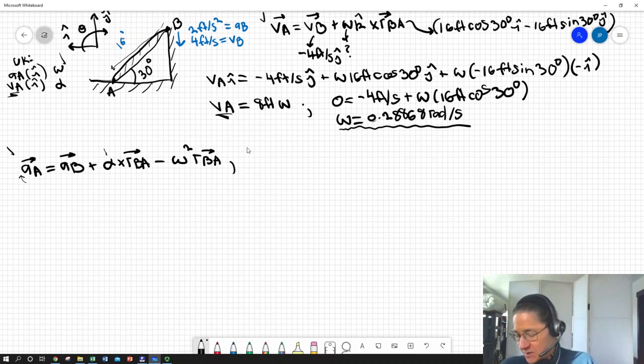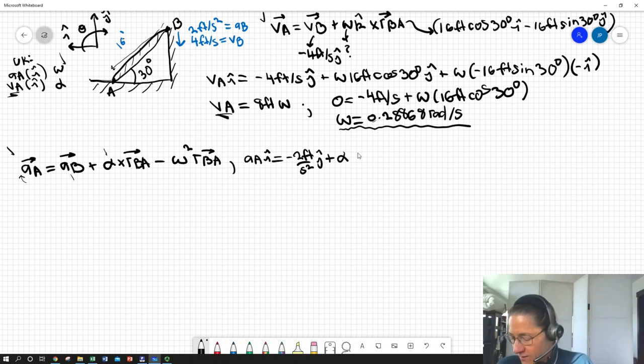So we'll just do some mathematics here, and I'm going to multiply a few things out. We can say that the magnitude of acceleration at point A, it's all in the i hat direction, is going to equal -2 feet per second squared j hat, that's the acceleration of B, plus alpha crossed into r_BA.